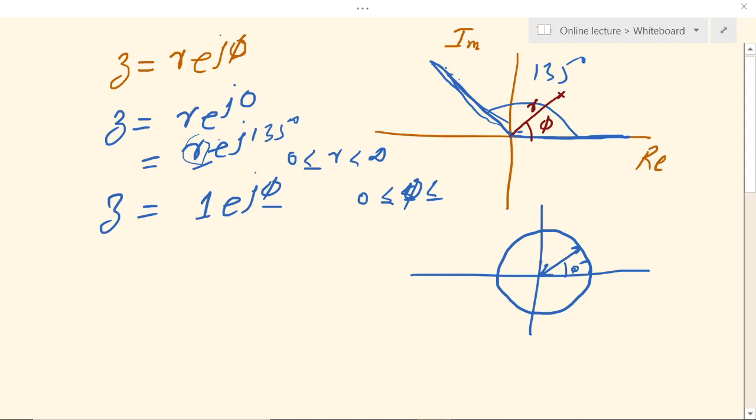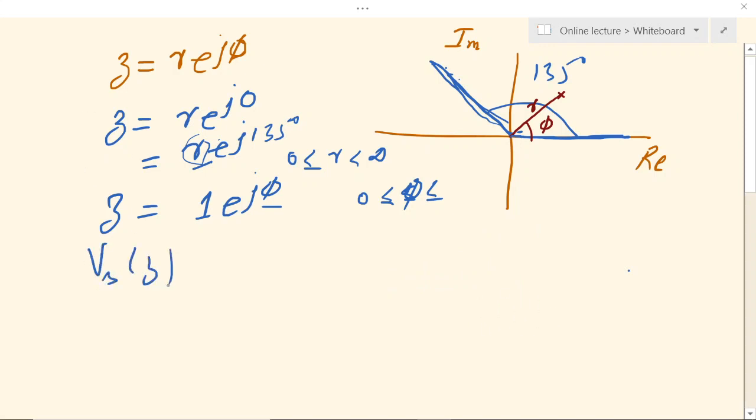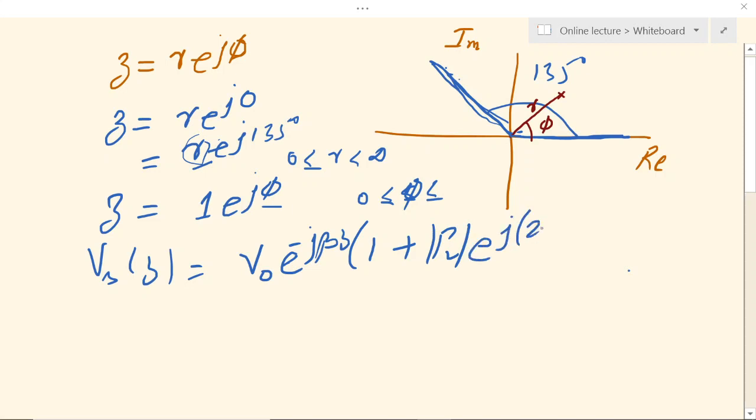Now, adding two complex numbers. For example, now you add these two complex numbers. We have V(z) equals V naught e to the power minus j beta z, times 1 plus gamma L e to the power j (2 beta z plus phi L).